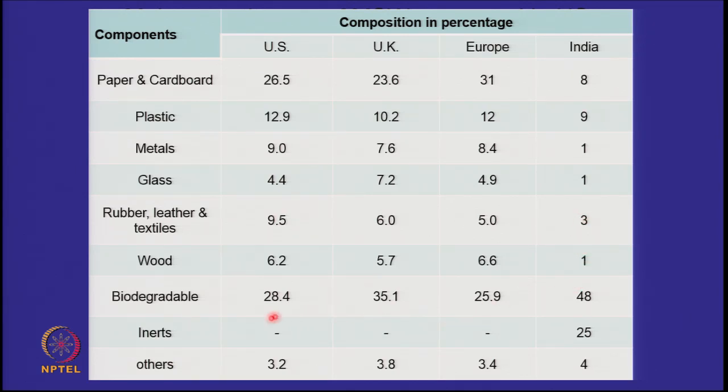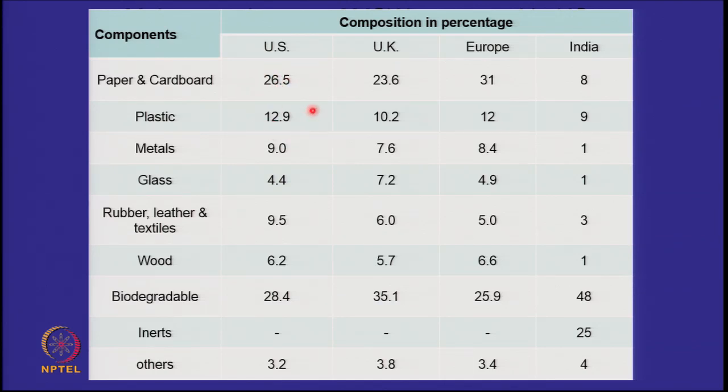But suddenly you find, because there are so many other things in the waste of other countries, the biodegradable component is a little low, right? Whereas in India, the other components have been reduced by the kabadiwala. Therefore, the biodegradable components are high. So Indian waste is a wet waste. It's got a lot of food waste in comparison to other countries.